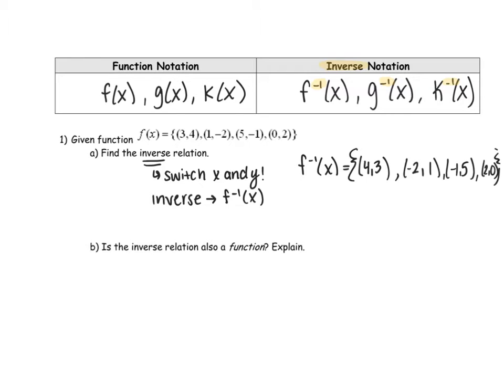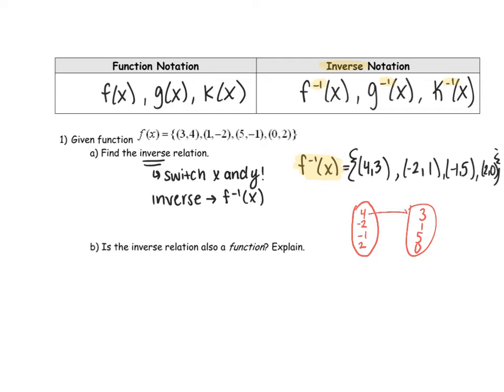So this is my inverse function. And we want to know, is it a function? Remember, for a function, every x has to go to one y value. So I always like to draw my mappings because that's easier for me to see. So we have 4, negative 2, negative 1, and positive 2. And we go to the points 3, 1, 5, and 0.